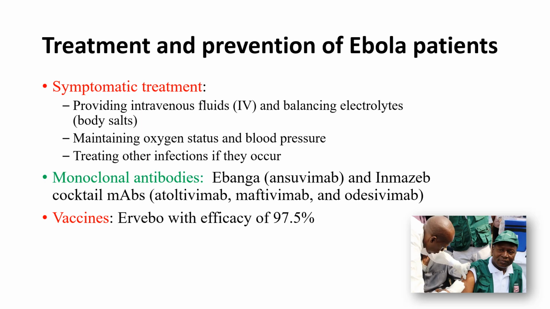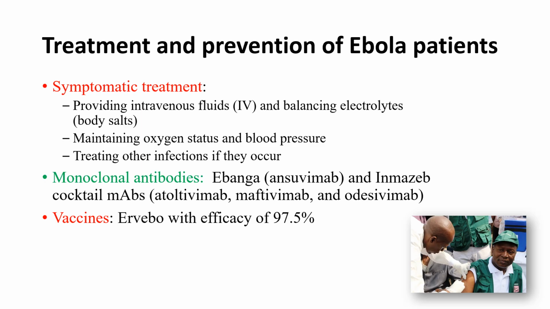This is done by replenishing the lost fluids and supporting or maintaining the level of oxygenation in the body by providing intravenous fluids and balancing electrolytes, maintaining the oxygenation status and the blood pressure, as well as treating other infections if they occur by antibiotic treatment.